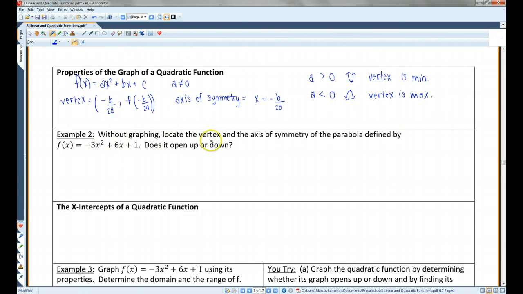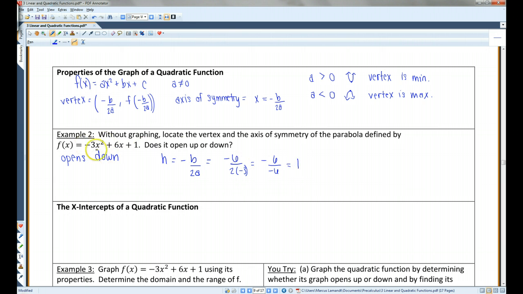Alright, so for example, without graphing, locate the vertex and the axis of symmetry. Obviously, because it's negative, it opens down. So to find the vertex, we just need to plug it into this equation. Our h is negative b over 2a, which in this case is negative 6 over 2 times negative 3. So we've got negative 6 over negative 6, which gives us 1.